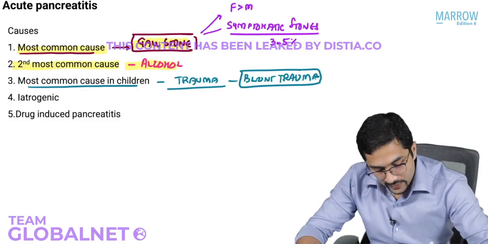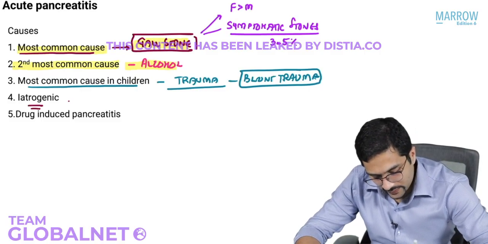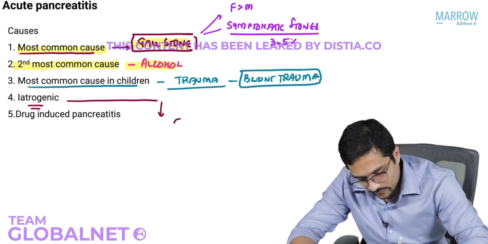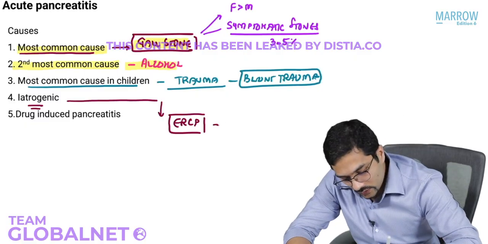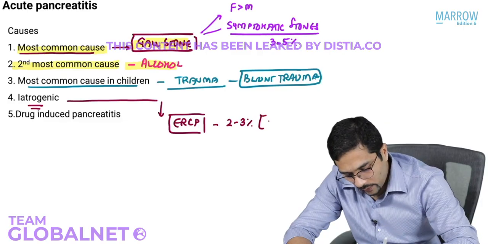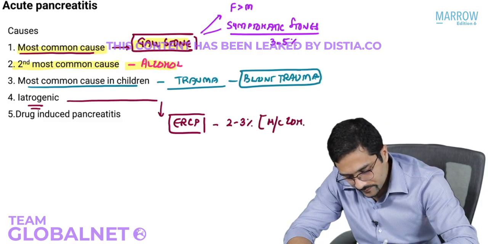The iatrogenic cause of pancreatitis is ERCP. This is very important. Endoscopic retrograde cholangiopancreaticography can give rise to pancreatitis. This is usually seen in 2 to 3% of patients. This is the most common complication of ERCP.